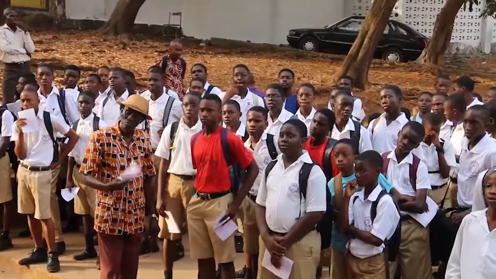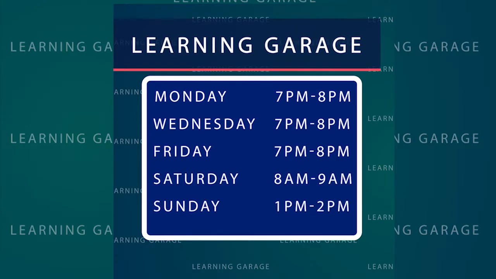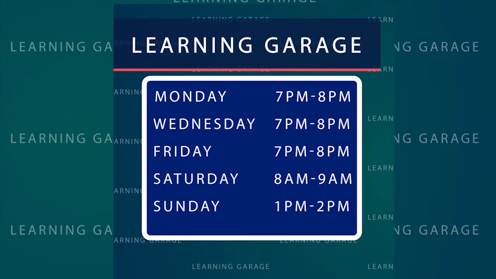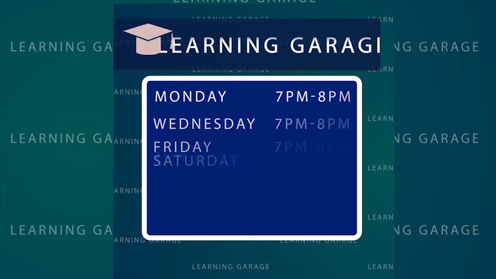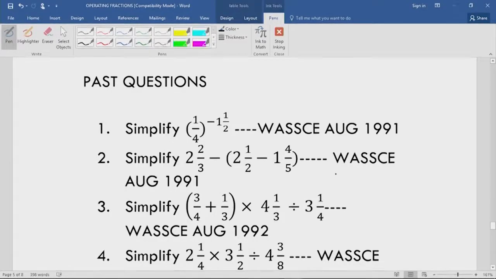To this solution, you all are invited, especially those facing WASC. Learning Garage comes to you on Mondays, Wednesdays, and Fridays from 7 p.m. to 8 p.m. Repeat broadcasts are screened on Saturdays from 7 a.m. to 8 a.m. and on Sundays from 1 p.m. to 2 p.m. Join host Alisonta Kamara and Babatunde Gaira Lamin on these days to make a world of difference. A fraction that has a numerator which is less than the denominator, we term it as a proper fraction.